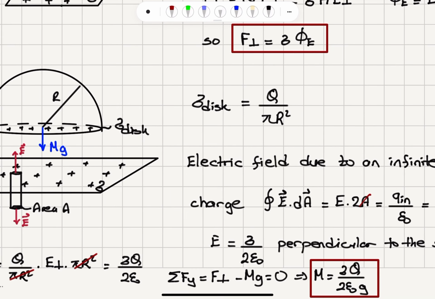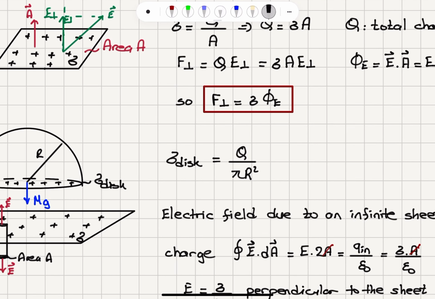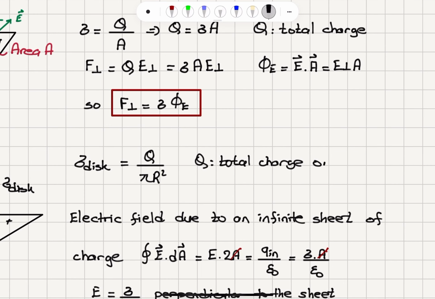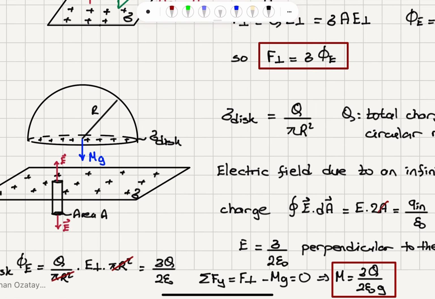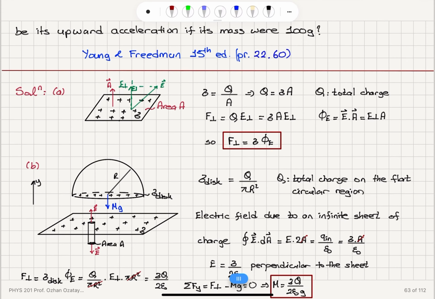So it is sigma q, where q is the total charge on the flat circular region, which is the disk here, and sigma is that of the infinite sheet, and we have our final answer for the total mass from the equilibrium requirement. Okay, part C.